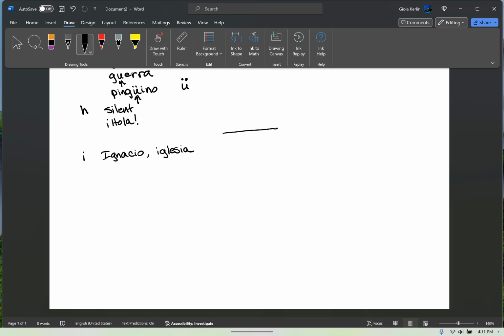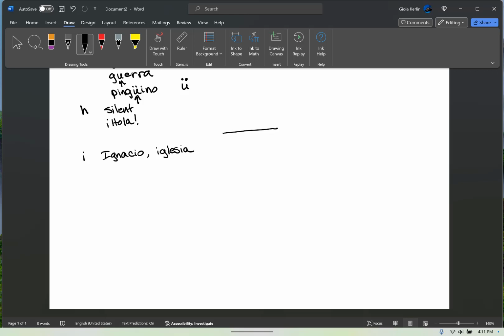One thing to remember about the letter I in Spanish is that it is considered a weak vowel. We'll talk about that a little bit more as we go along and when we learn about the accent rules in Spanish.